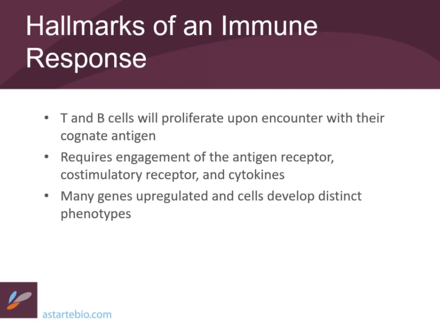There is a need for engagement of the antigen receptor, whether it's a T or a B cell, a co-stimulatory receptor, and cytokines to support the growth of those cells. There's a whole lot of genes upregulated, and distinct phenotypes are developed as a result of encounter with antigen.